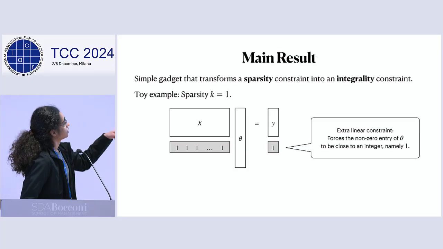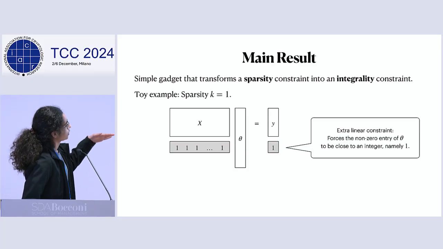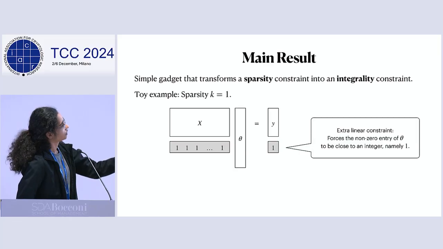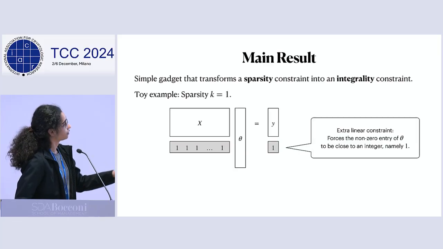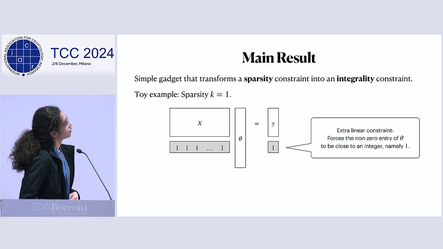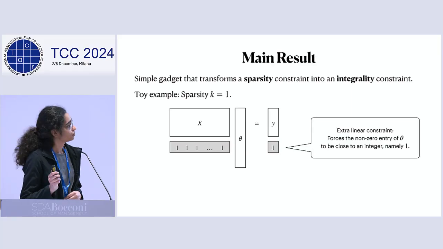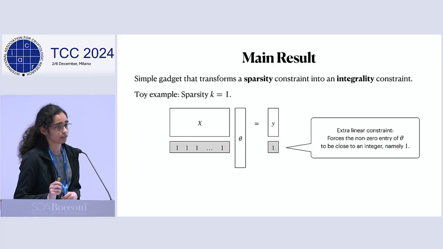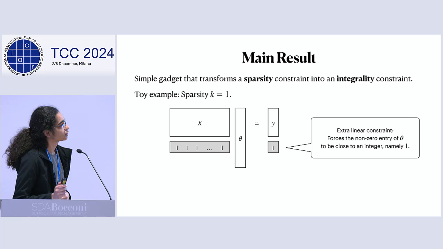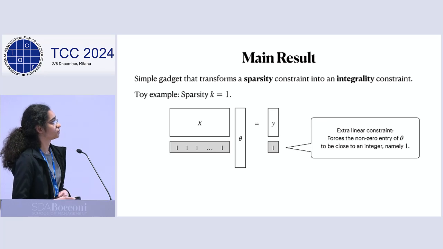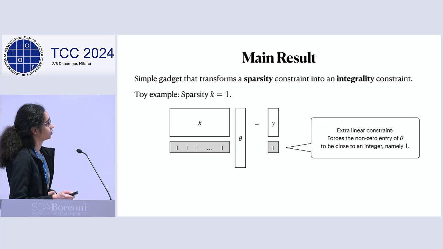If we add this additional row of the all ones vector and a corresponding one in the target vector, this linear constraint forces the single non-zero entry you have in theta to be close to an integer. Namely, it forces it to be 1. And this is sort of why we need to start from binary BDD as opposed to full-fledged BDD.